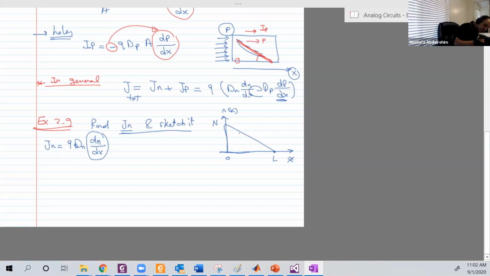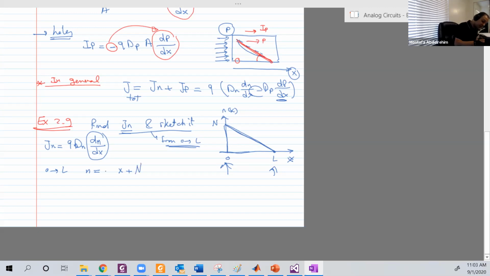This is a linear relation, as you see here, from 0 to L. You just want the answer from here to here, not beyond or before. In that region from 0 to L, n is equal to the slope multiplied by x plus some constant. Let's start with the constant. What is the constant here? It is the intersection of this line with the vertical axis at 0, which is n.